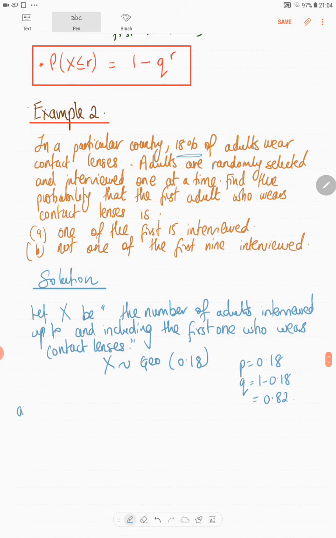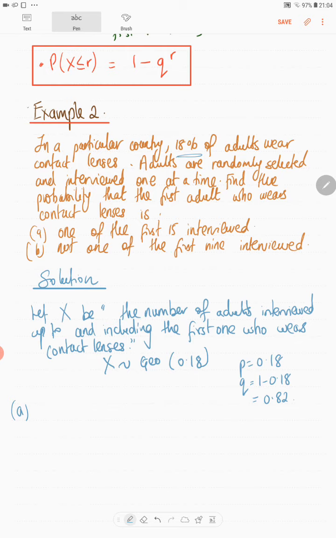Now the first part: we have to find the probability that the first adult who wears contact lenses is one of the first 15 interviewed. So among the first 15 interviewed, we may have one who wears contact lenses.